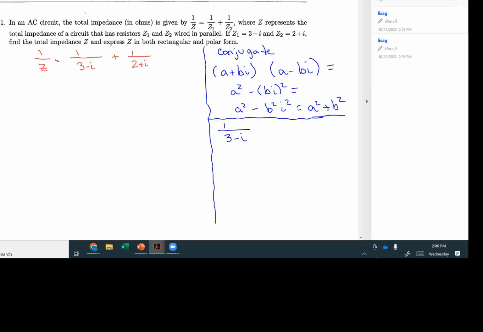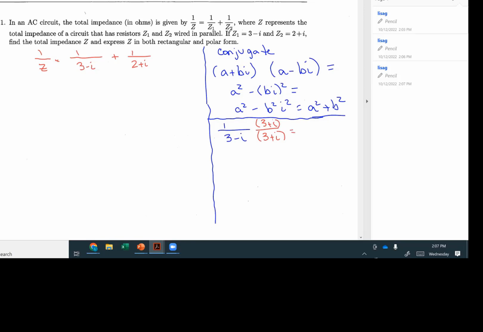Here it's called realizing, because we're getting rid of the imaginary part and making the denominator real. I have to multiply the denominator by 3 plus I, but I can't do that unless I also multiply the numerator by 3 plus I. I'm just multiplying by 1, so I'm not changing any numbers.